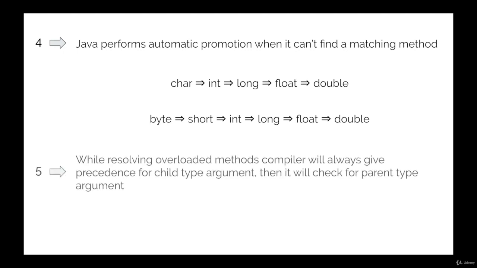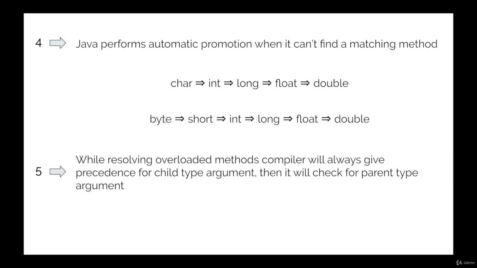So the next rule says, while resolving overloaded methods, the compiler will always give precedence to the child type argument, then it will check for the parent type argument. What does this mean?